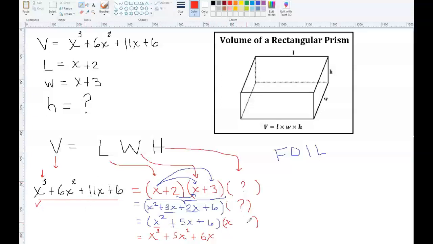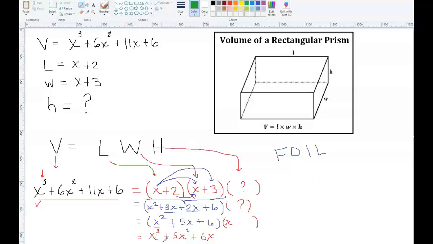Because I need to multiply by something else, all of this here, by some other term in this parentheses. And that's what I'm going to do. I'm going to have to figure out who I multiply this polynomial. So when I multiply it by that polynomial, I'm going to write it here on the side. And when I combine like terms, I get all of this. Okay, that's the whole point. That's the idea. Now, how do you do that?